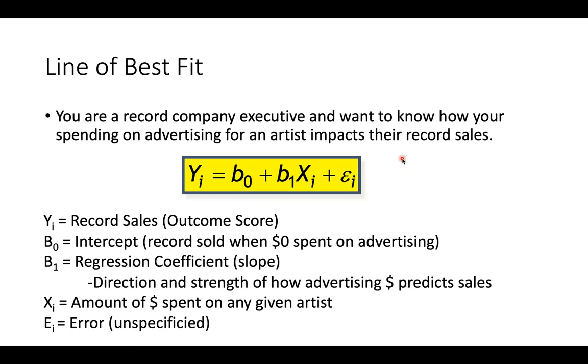So the record company is going to go into its accounting department or whatever, and it's going to say, can you give me from the last 100 records that we've released, how many records were sold and how much we spent on advertising? And then we can use our data from the past to construct a predictive model that we can theoretically and hypothetically apply to future sales and advertising dollars.